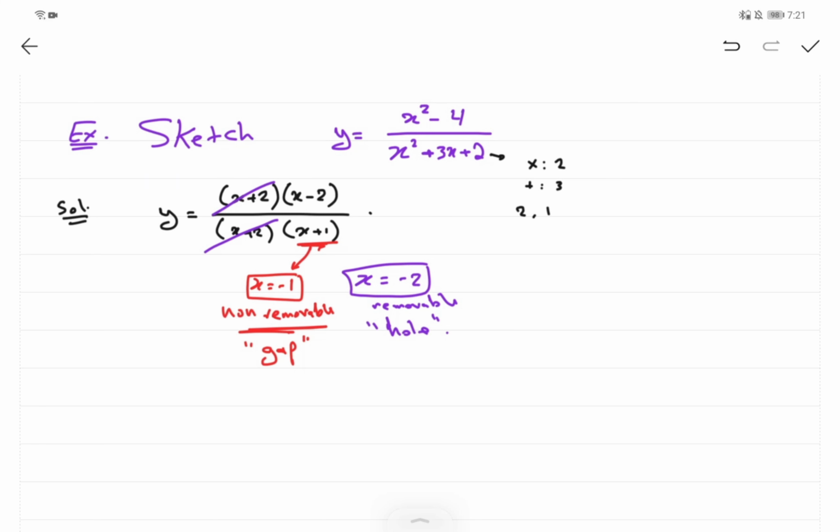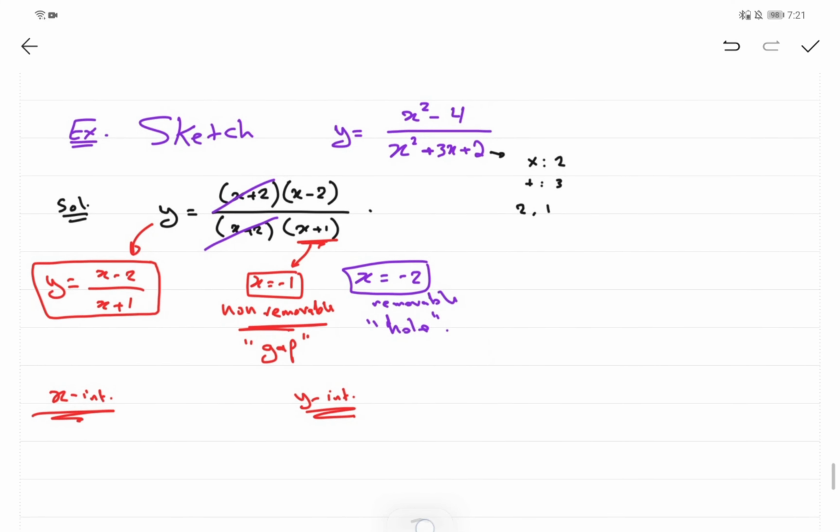So let's start with the x-intercept. But before that, let's just simplify this function. So y equals x minus 2 over x plus 1. So the function y becomes this. Now let's find the x-intercept and the y-intercept.